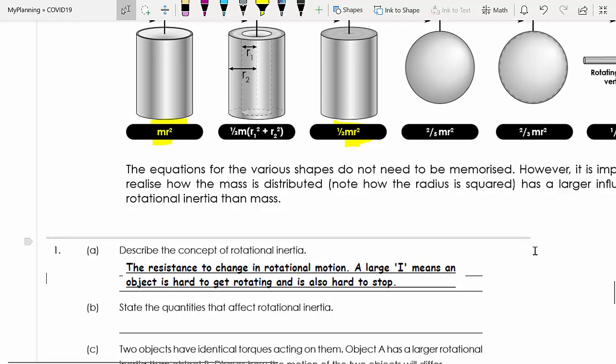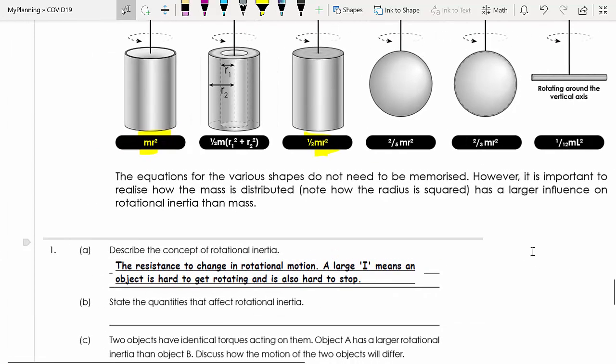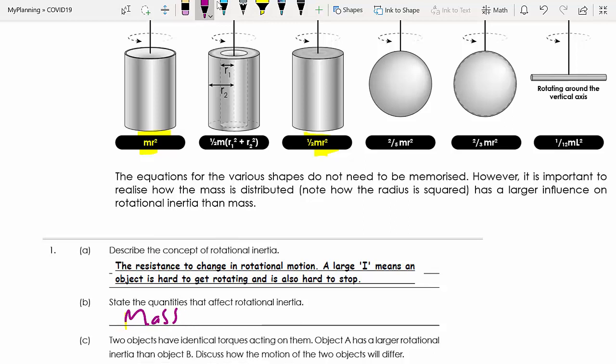State the quantities that affect rotational inertia. Well, we can see that straight away from the equation above, that it's going to be mass and the distance from the center of rotation.